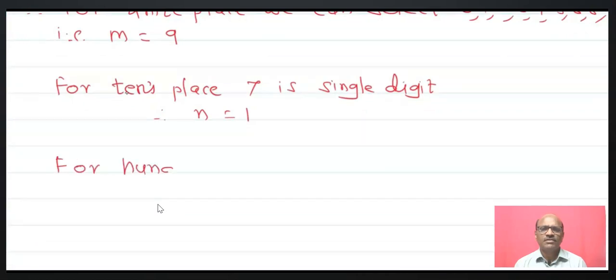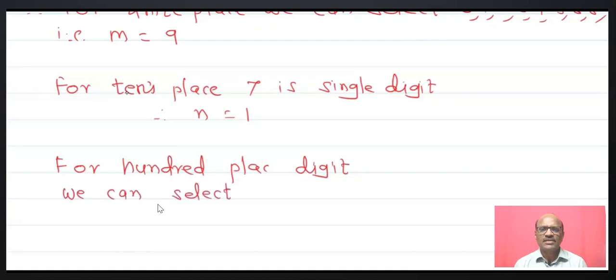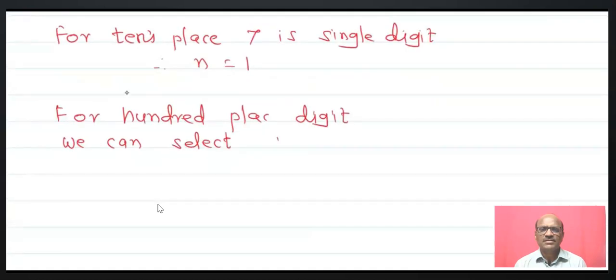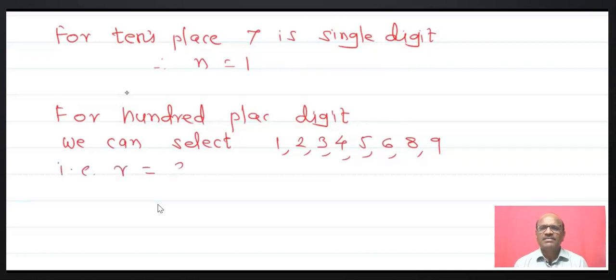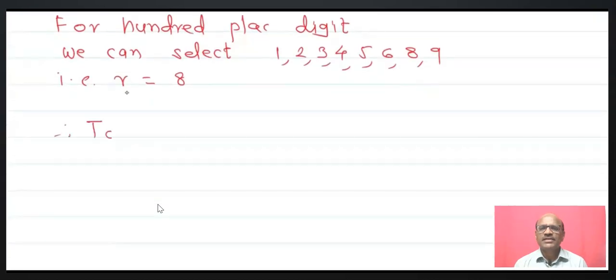And for 100 place digit, we can select 1 2 3 4 5 6 8 9. त्यामध्ये 0 नसणार आहे. Therefore, r is equal to 8.